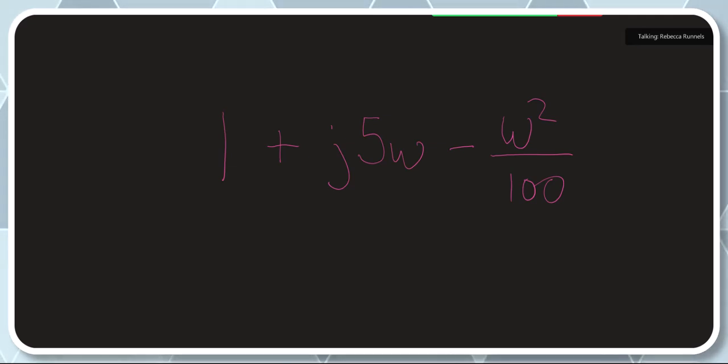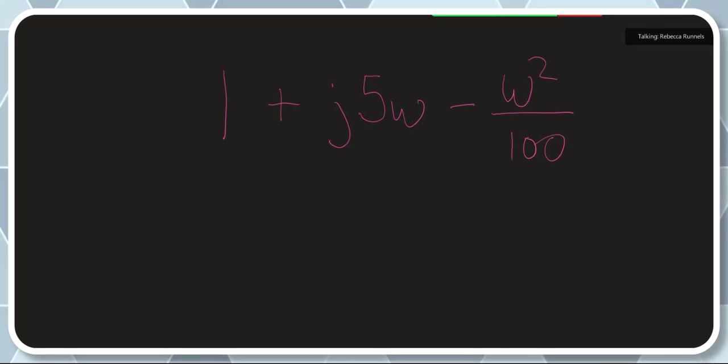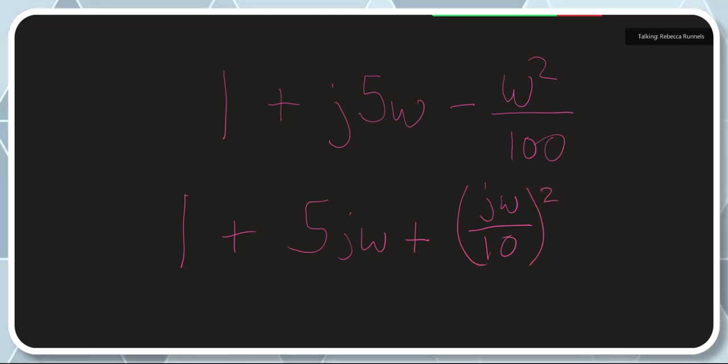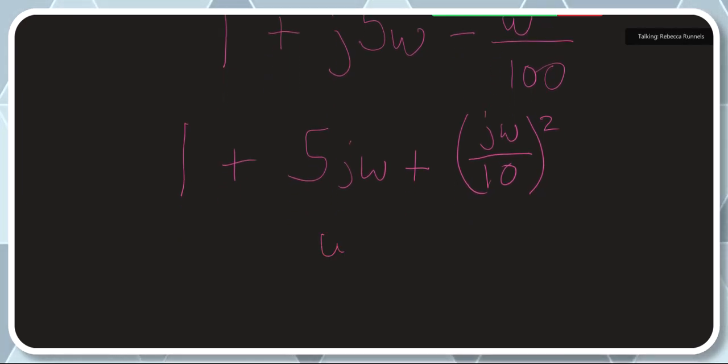I don't have to factor anything out because my constant term is already 1. But before I can figure out what the corner frequency is, I have to rewrite the squared term as plus j omega over 10 squared. So it turned into a plus because j squared makes it negative. I've got the omega squared, and then the 10 is the square root of 100. So that tells me that omega c is 10.